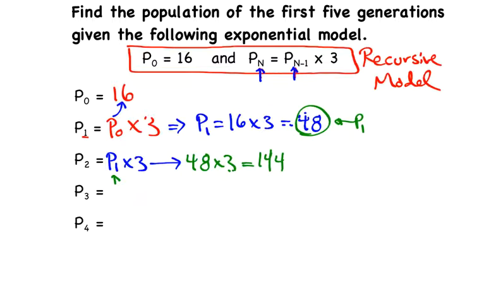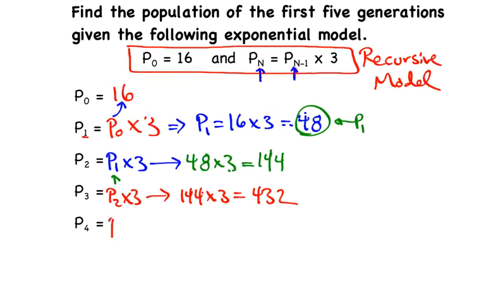Again, with P3, we would plug in 3 everywhere we see the n. We would get P3 equals P2 times 3. We look up the value for P2, it's 144, so it's equal to 144 times 3, which is 432.